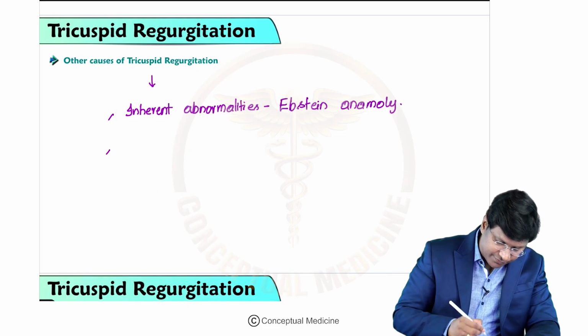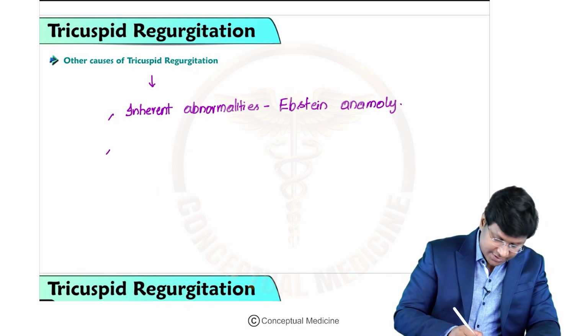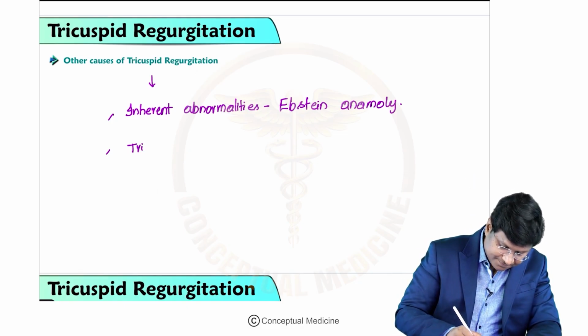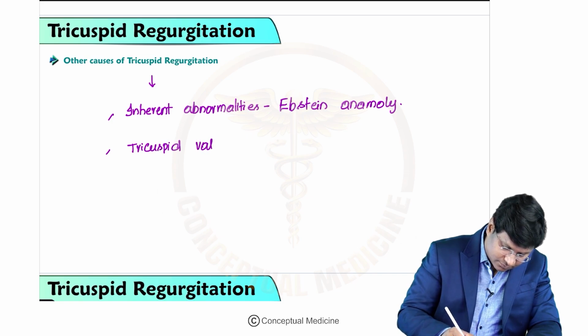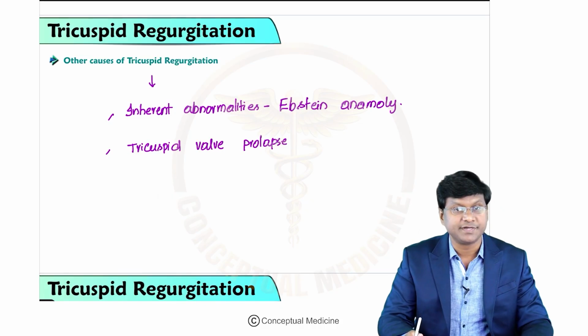And the other causes for tricuspid regurgitation include tricuspid valve prolapse. Even this can cause tricuspid regurgitation.